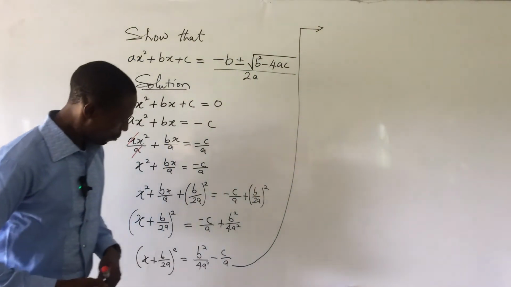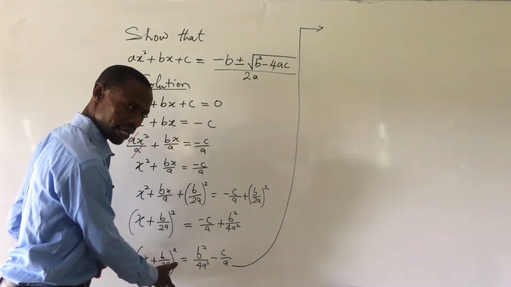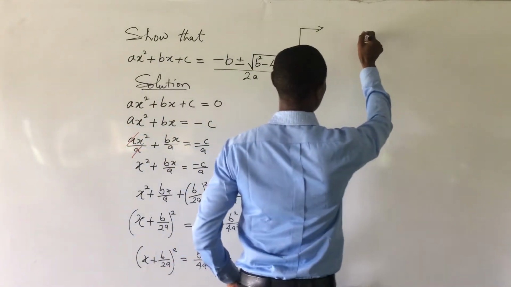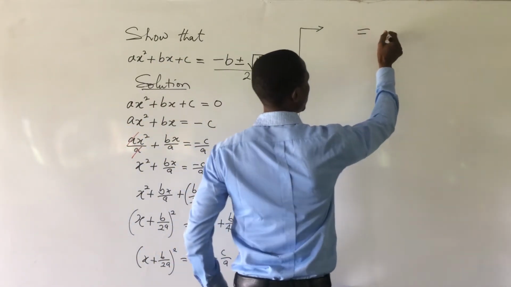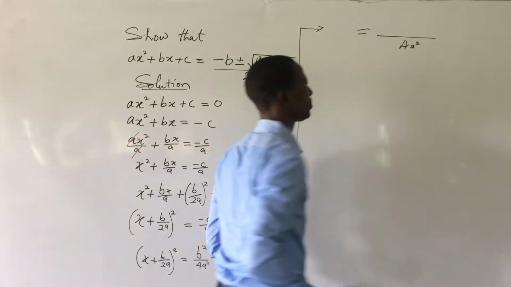All right. So from here, let's keep this side of the expression, the left-hand side. Let's keep it. So we move this one here. So the LCM is 4a squared.